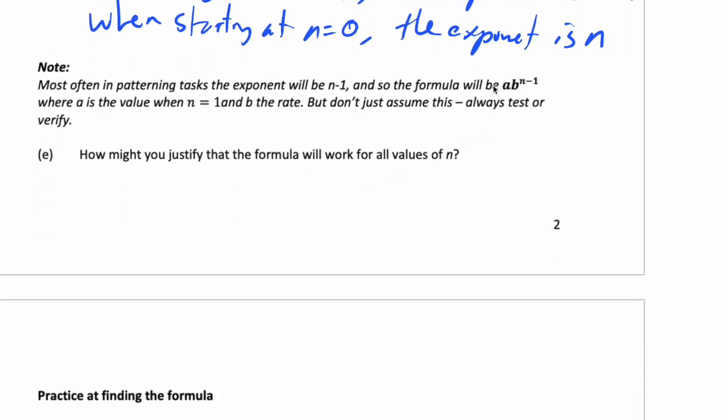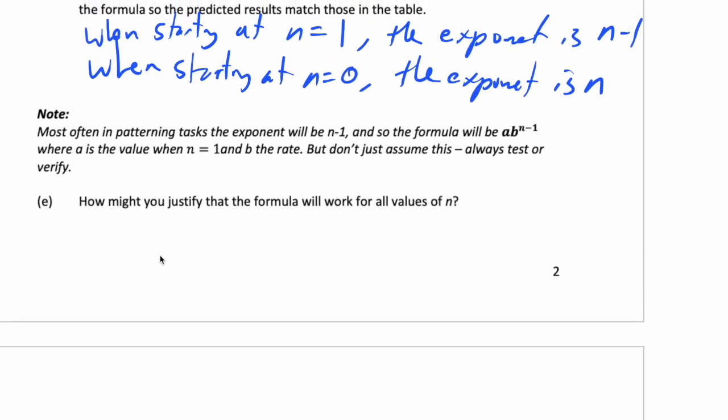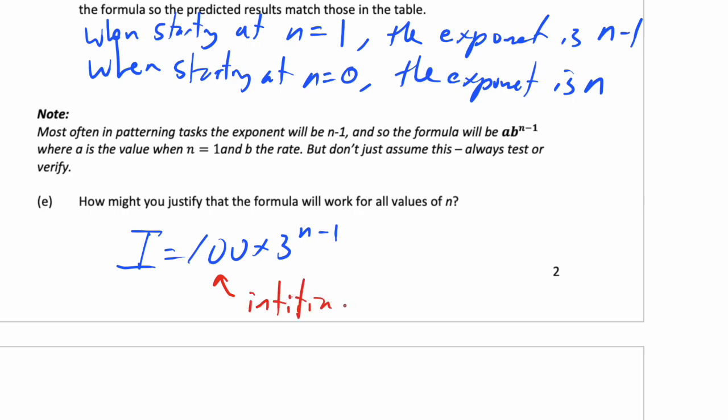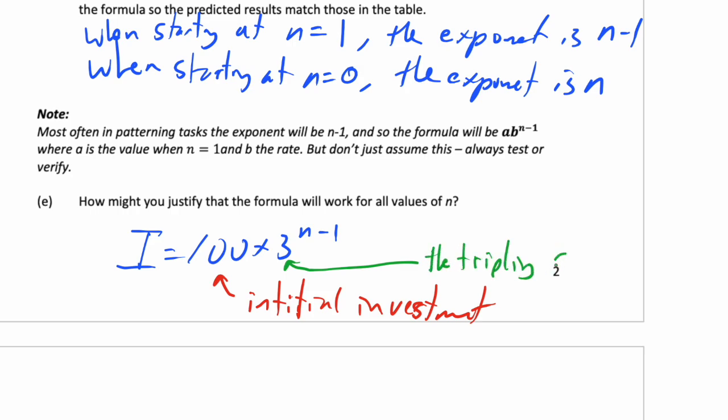Okay, so we'll have to have an n or an n minus 1 to justify the formula works. Let's see, we had I equals 100 times 3 to the power of n minus 1. We can call this the initial investment. And we could say the tripling continues each year.